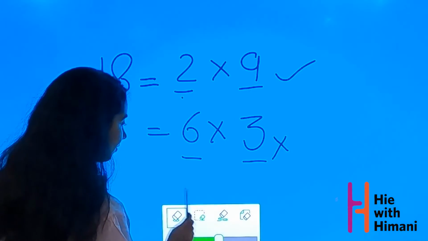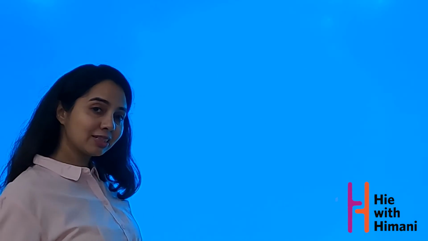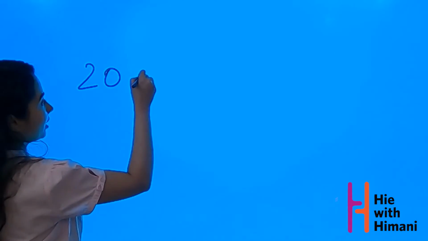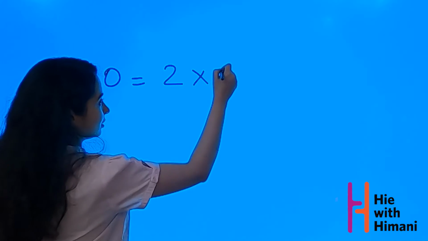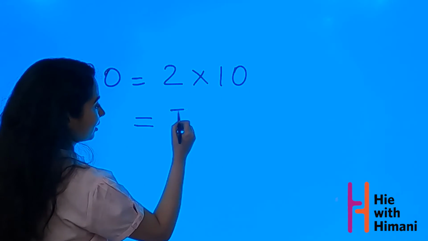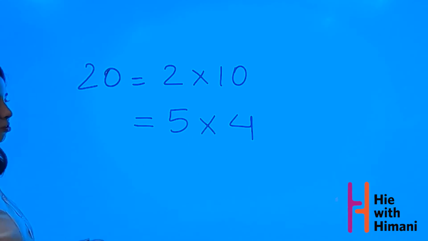Similarly, if we check the divisibility of 20, again, 20 can be formed like 2 and 10. This is also 20. Or it will also be like 5 and 4. So which group do you want to choose to check the divisibility? 2 and 10 or 5 and 4?